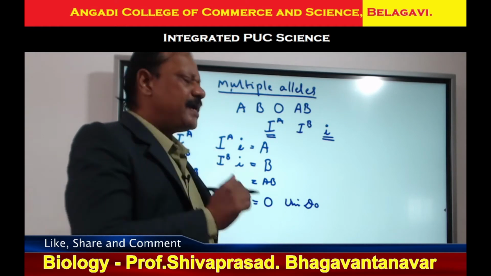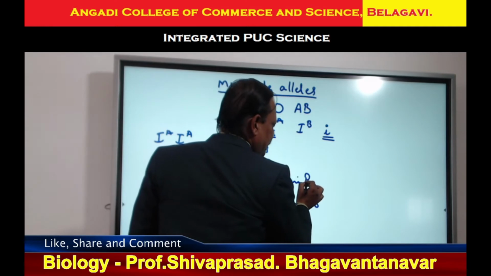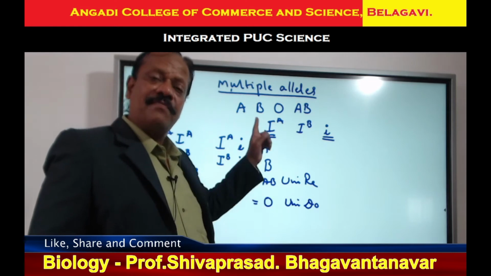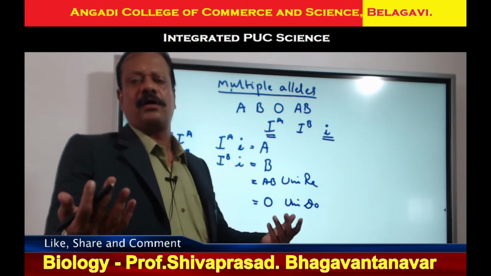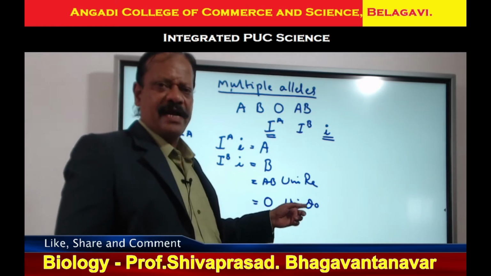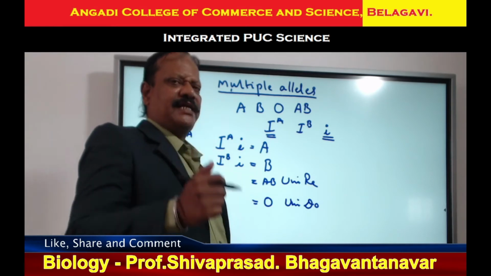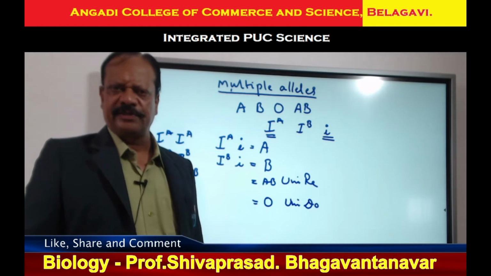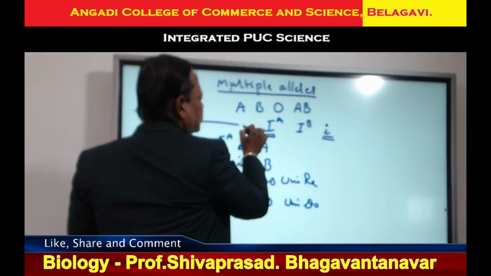And AB is considered a universal recipient, in the sense that it can receive blood from any group, and O can donate blood to any group. So in this way, universal recipient and universal donor you are observing. Now from the examination point of view, some problems ask to find out the blood groups, and there you should remember this combination.